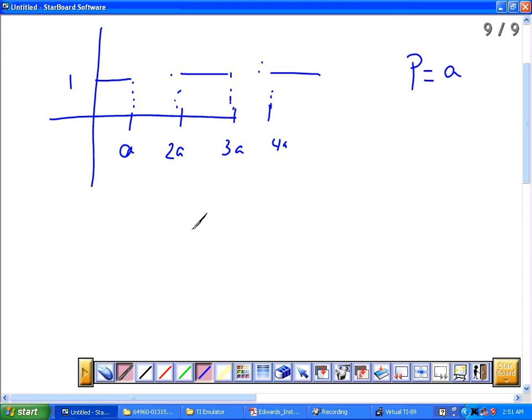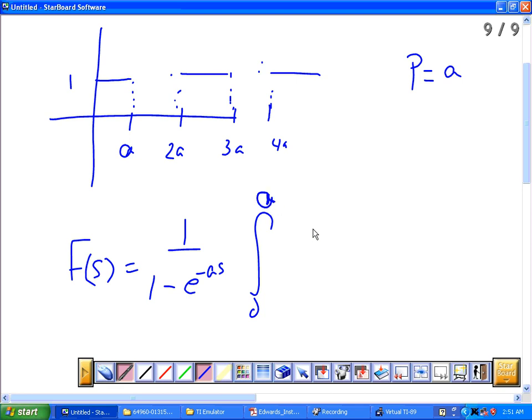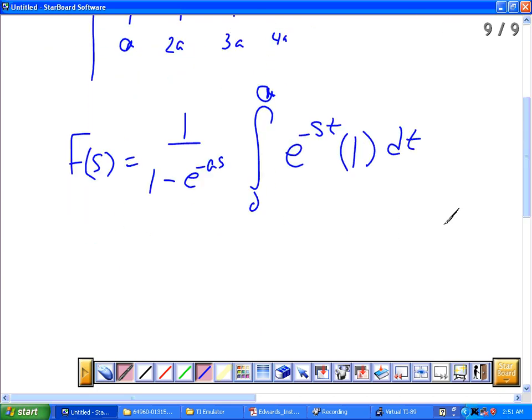And so the recipe says you should do F of s equals 1 over 1 minus e to the minus as, like so. And now we're going to take the integral from 0 to p, which in this case is a, of e to the minus st times our function, which is 1, dt. Well, what is the integral of this thing? Well, it's minus e to the minus st from 0 to a.